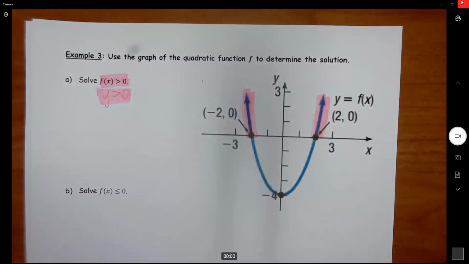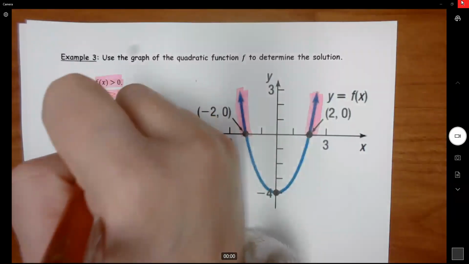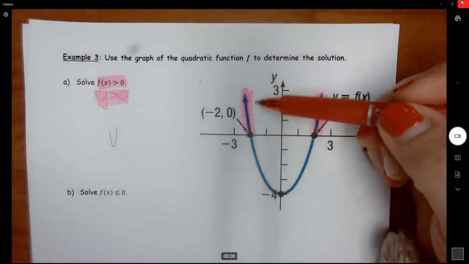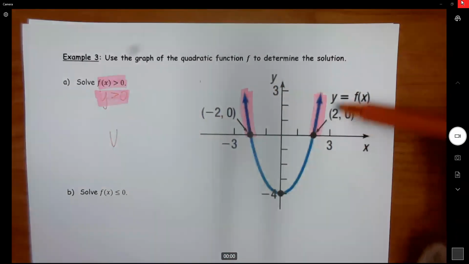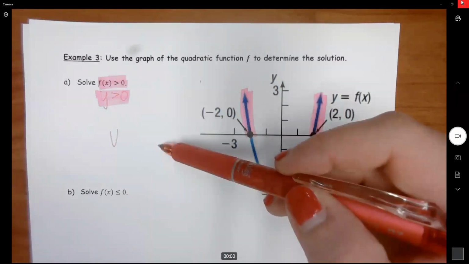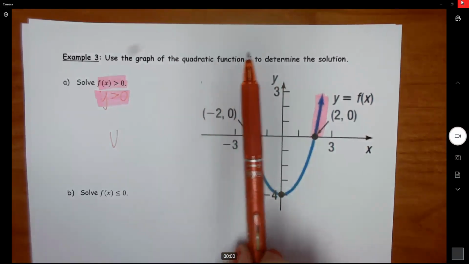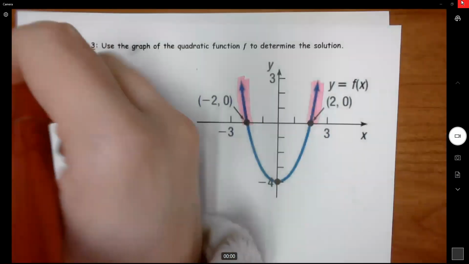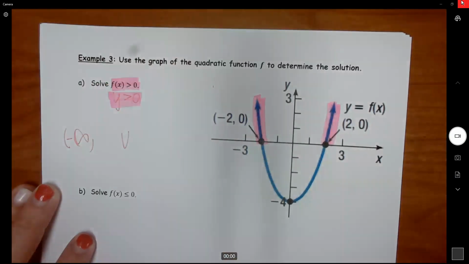So write this in interval notation. We have two different sections, so I know I am going to combine them with the U in between. So explain the one on the left and put it on the left, and explain the one on the right and put it on the right. This little portion here, when I go from left to right, we hit an arrow first. So I have negative infinity.